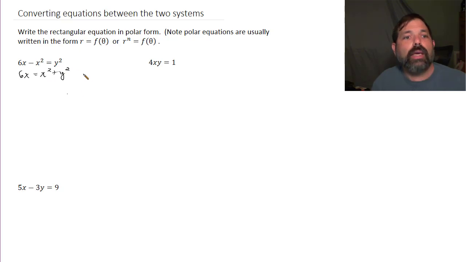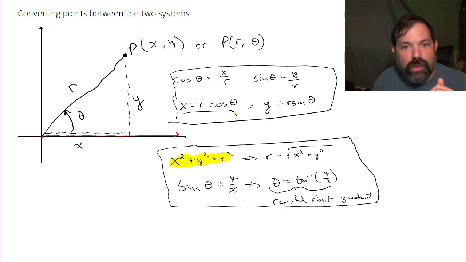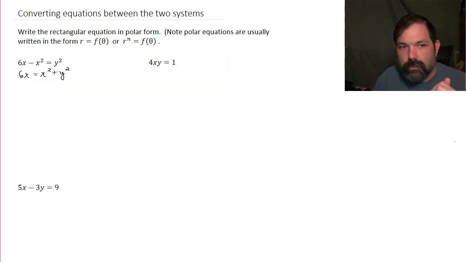Hey, now x squared plus y squared is r squared, and the x is r cosine theta. So then I have 6r cosine theta is equal to r squared.